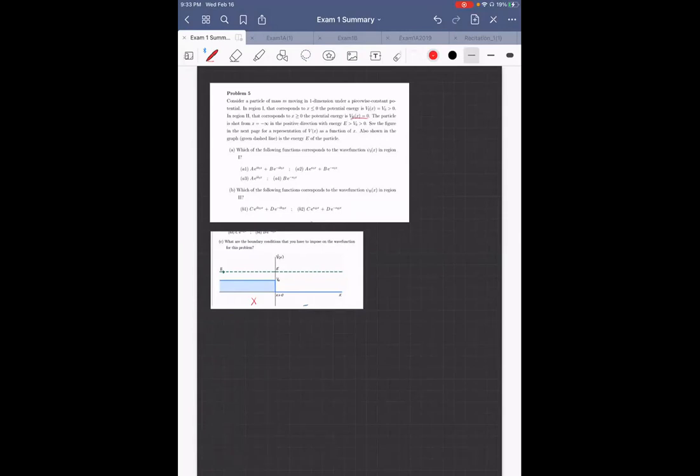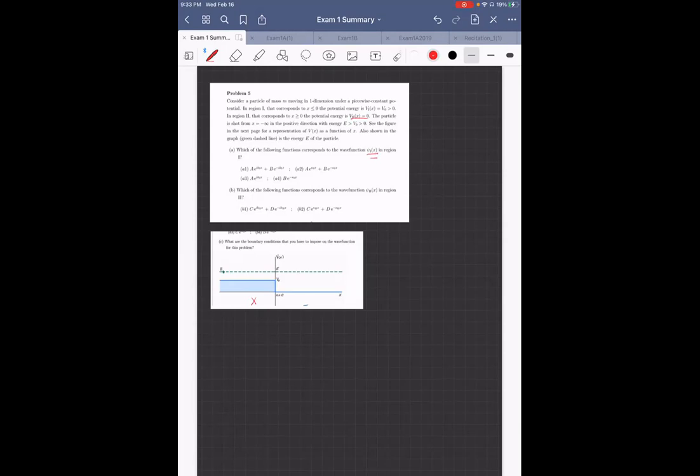If the particle is shot from x equals negative infinity in the positive direction, the energy E is greater than V of 0, and V of 0 is greater than 0. See the figure on the next page. Which of the following corresponds to the wave function 1 in region 1?